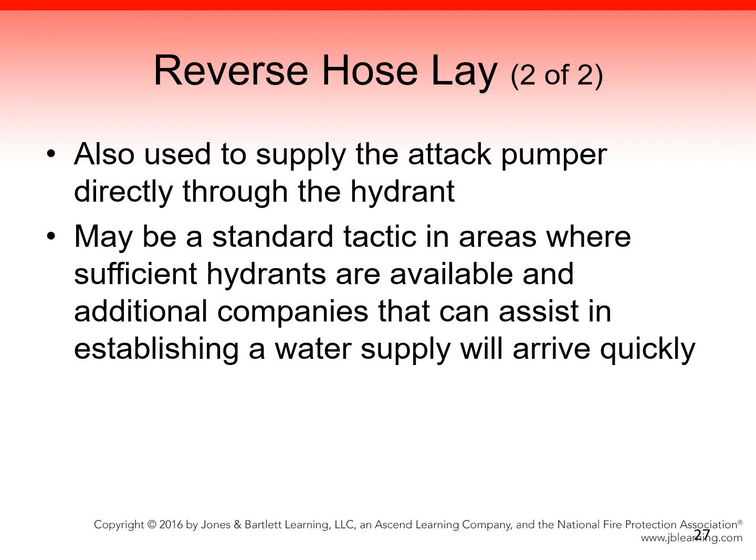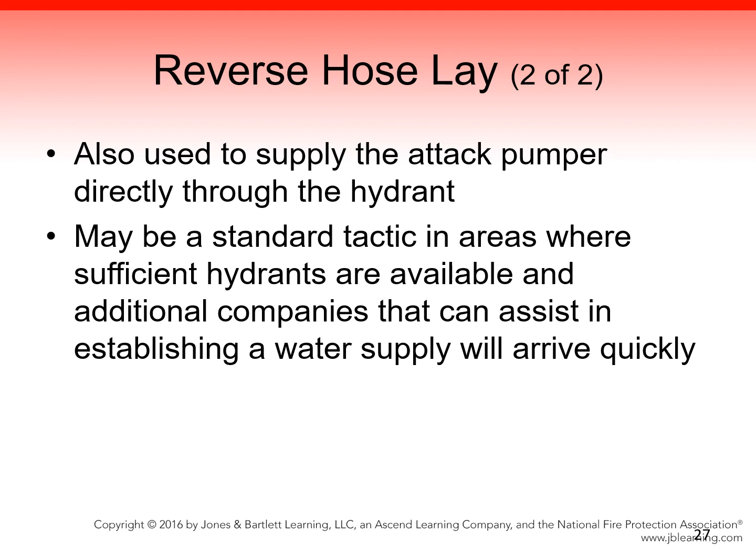When this apparatus arrives at the water source, the driver operator of the second engine will be operating alone. He or she secures a water supply, connects the supply line to a LDH discharge, and pumps water to the first engine through the supply line. The attack pumper focuses on immediately attacking the fire using water from the onboard tank.